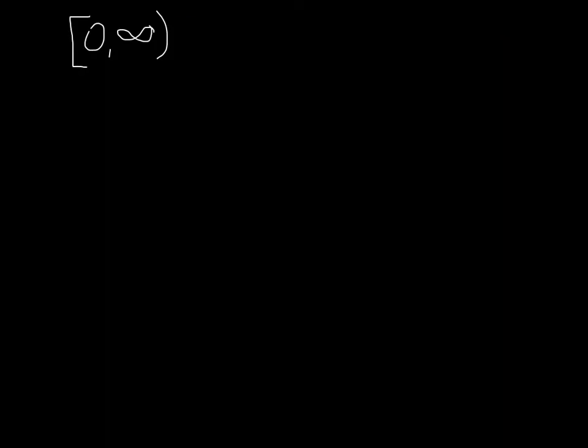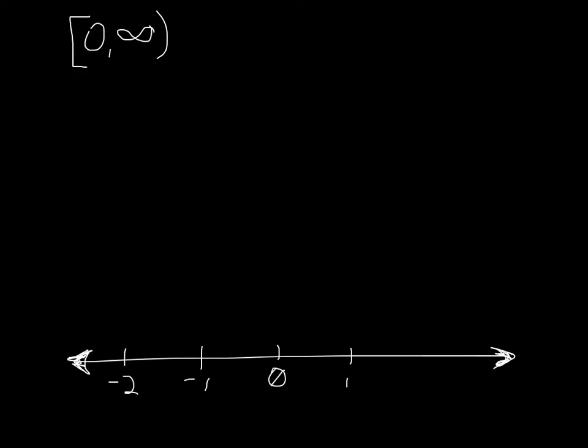By now, you guys should be pretty good at switching between the different types of notation. We know that interval notation to number line is pretty easy to do. We're going to need a 0, and we're going to need positive infinity. Let's put in a couple more numbers just to make it clear. The left side is a square bracket at 0.